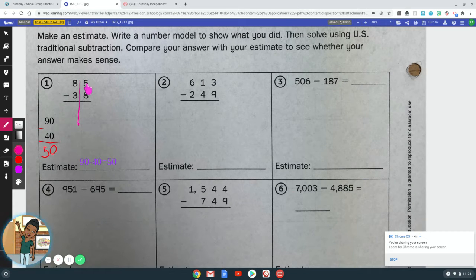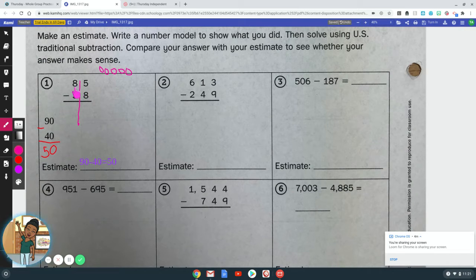Back to our math. 5 minus 8. If I have 5 circles, 1, 2, 3, 4, 5, I can't take 8 away. I don't have enough. So I need to get that value from somewhere.